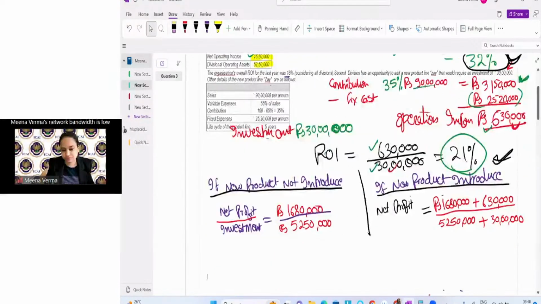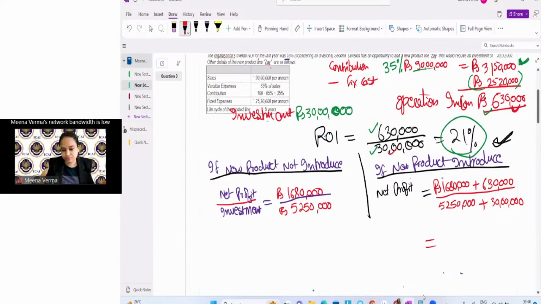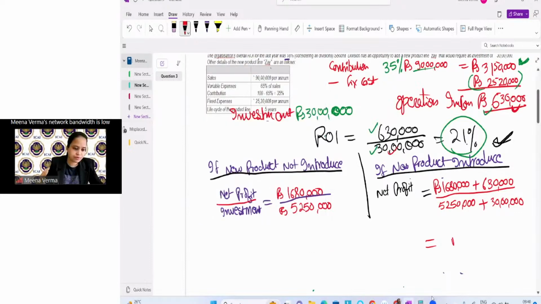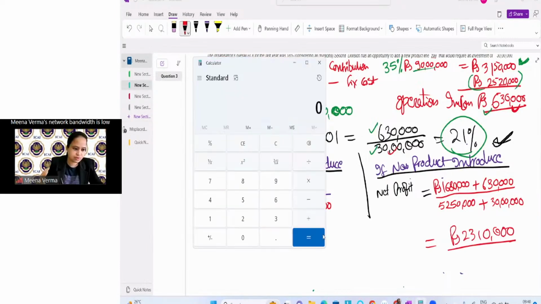Let's see now what is the change in return on investment. So how much the profit has increased now? Plus 630. It is coming as rupees 2310 divided by 525 plus 30 lakh. This is giving you rupees 8250.